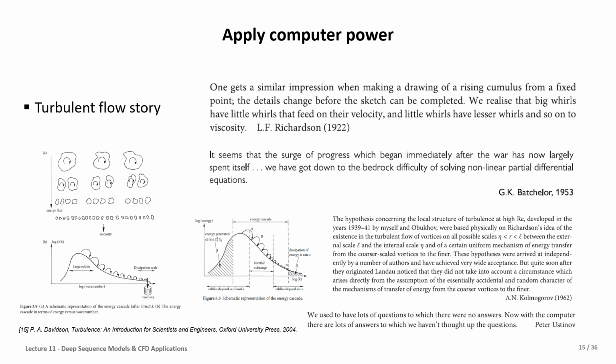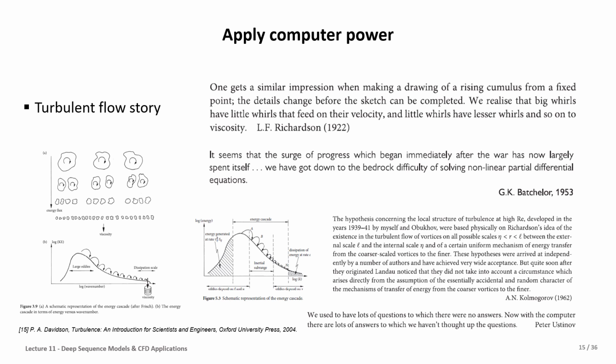When these shapes are large, it's called large scale or large eddies, and when they are small, it's called small eddies or small scale. And based on the hypothesis, they are transferring the energy from large to small scale.